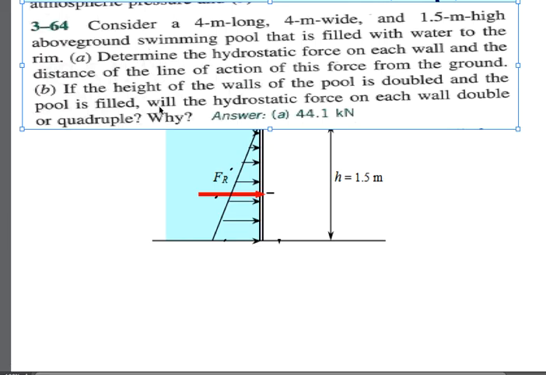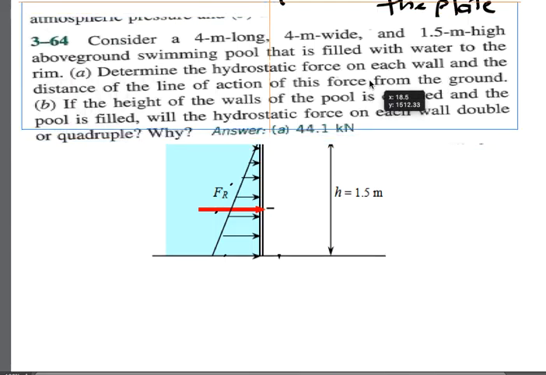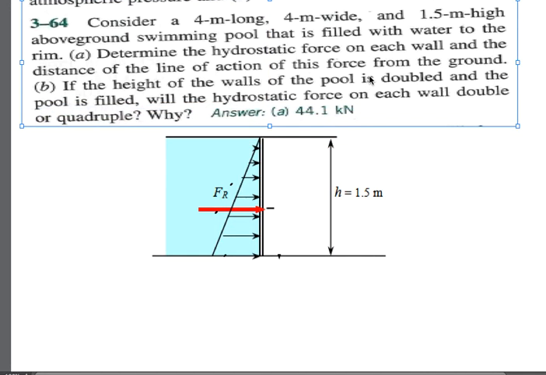Okay, now here's just the question that's being asked. Let me get it in place here so at least you can see it better. Okay, now consider a 4-meter long and 4-meter wide and 1.5 meter high above-ground swimming pool. This is a swimming pool. It's filled with water. So the blue color here is actually water to the rim, and this is the rim.